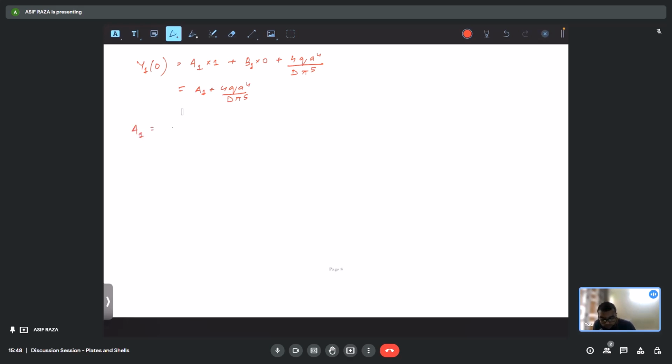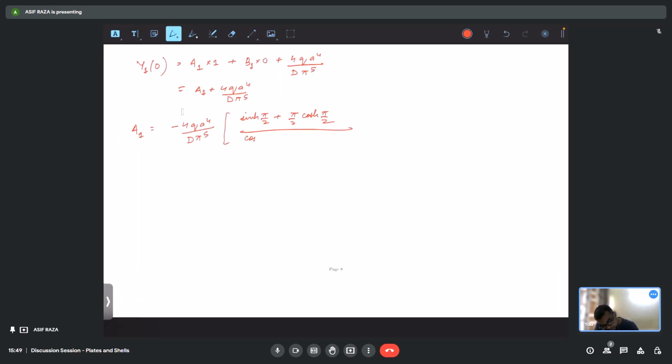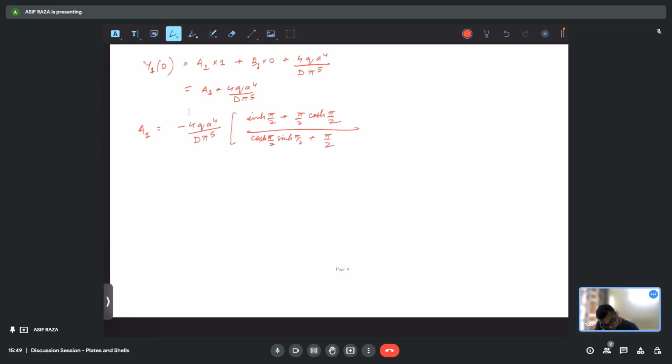And we have A1 as minus 4q a to the power 4 upon D pi to the power 5, (sin h pi by 2 plus pi by 2 cos h pi by 2) upon (cos h pi by 2 sin h pi by 2 plus pi by 2).